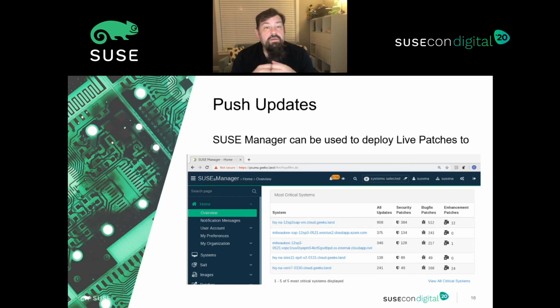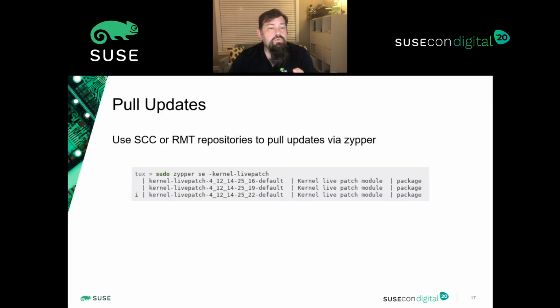Makes it even easier to get those patches out there in the timelines that the security and compliance teams are requiring. But for those of you with smaller environments, potentially, I know of a couple of my own customers that are SAP users, where the only Linux servers they have are the HANA servers. And so for those guys, you can use pull updates, and you can just use Zypper to deploy those live kernel patches.